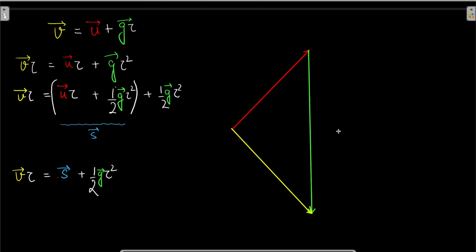Now let's see one thing. First, I won't write the tau, I'll write just the initial equation. I'll write only u vector, this as g vector times tau, and the other thing as v vector.